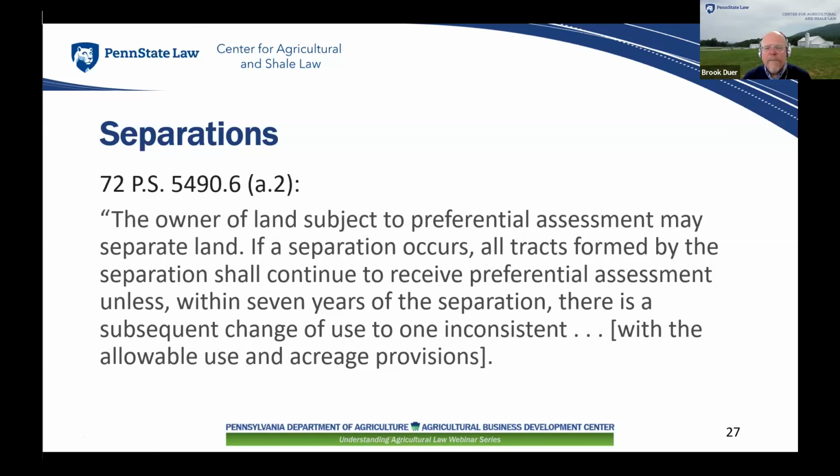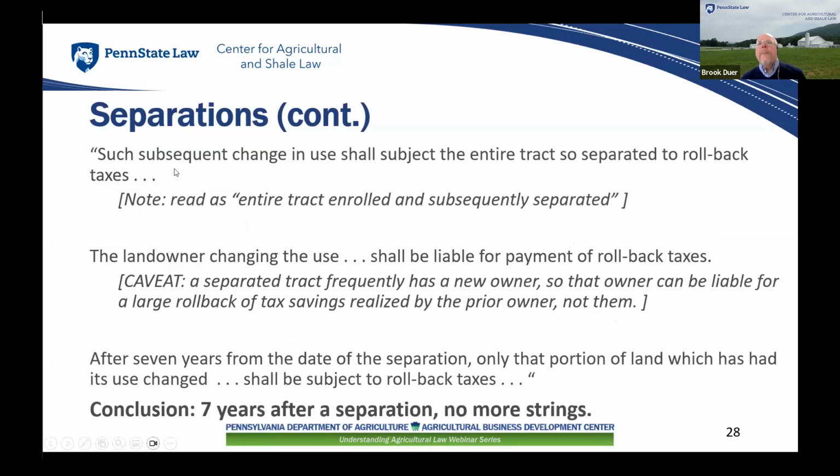Because the program doesn't provide, until I show you what comes up in the next slide, that's not fitting into these little rules. So in normal circumstances, such subsequent changes in use by the party who wanted to convert their 30 acres to building lots shall subject the entire tract so separated to rollback taxes.